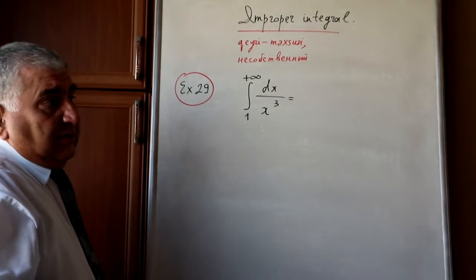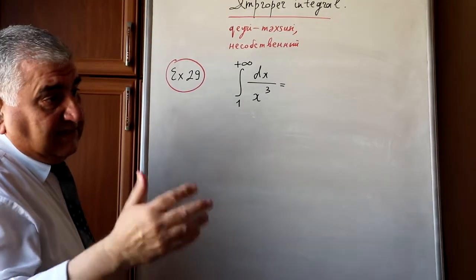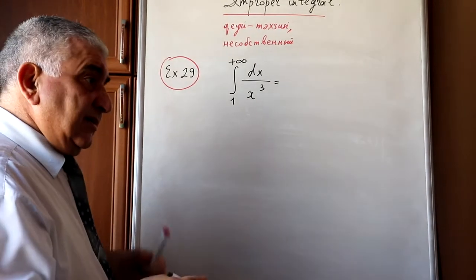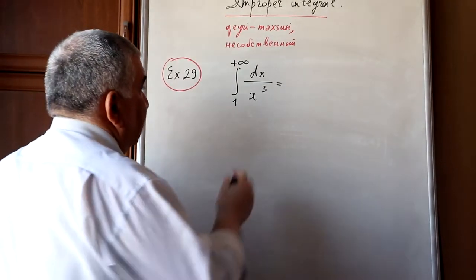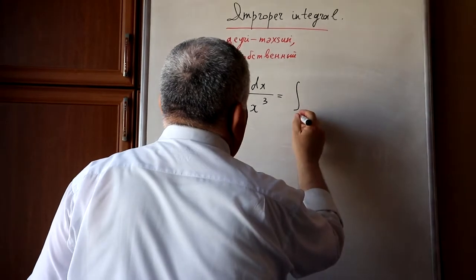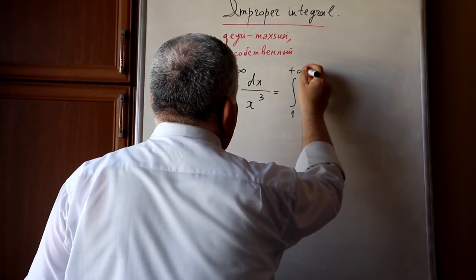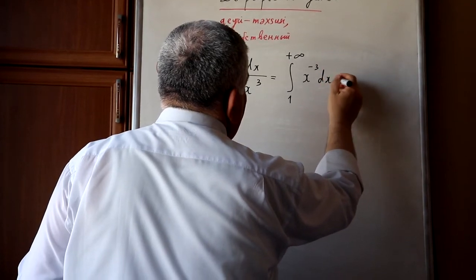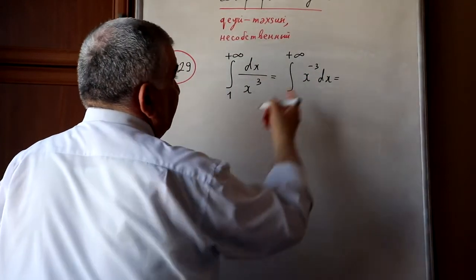Then again apply the Newton-Leibniz formula. Rewrite the integrand in the natural form. Integral from 1 to plus infinity of x to minus 3 dx. Then find the antiderivative of the integrand.